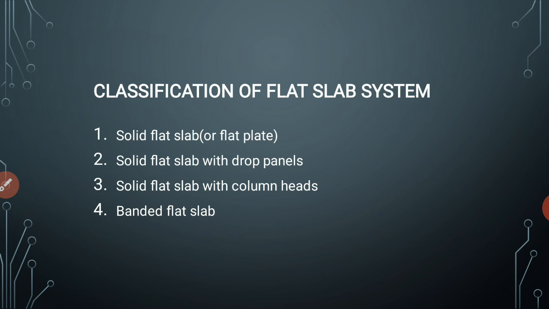First, the solid flat slab, or flat plate, which doesn't have any special type of column head, just the basic column we directly provide for our RCC. Then flat slab with a drop panel, flat slab with column heads, and banded flat slab. So these are the types of flat slab according to the column head.